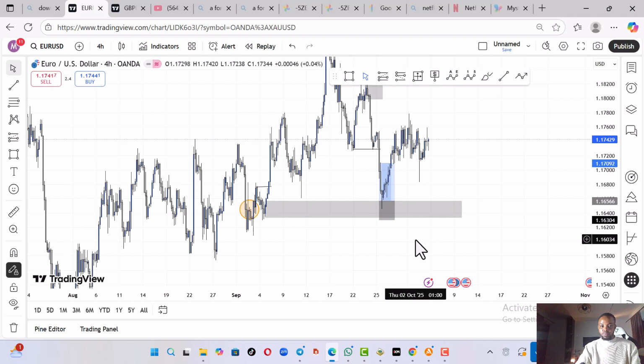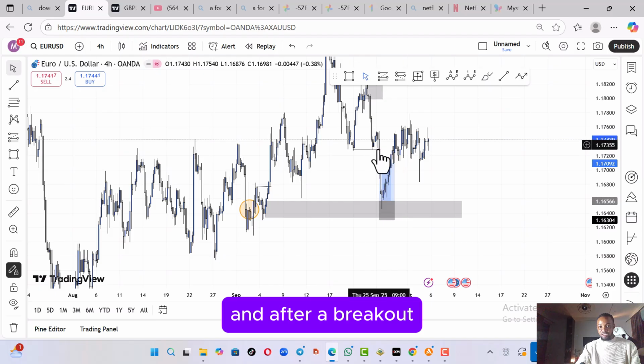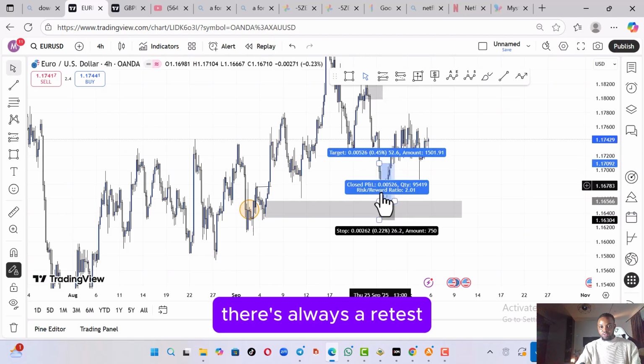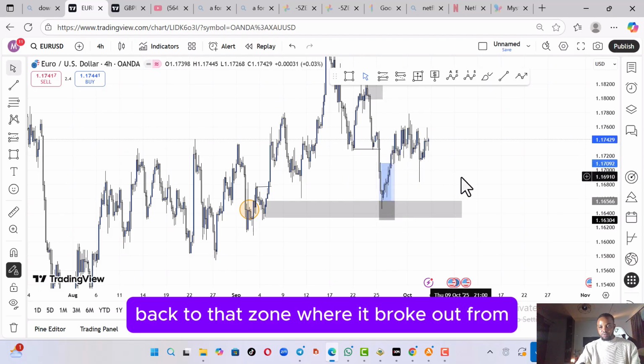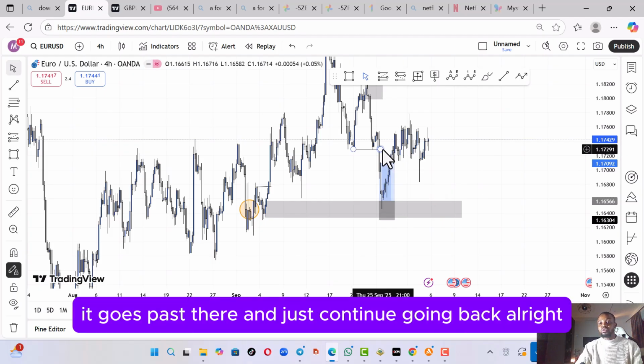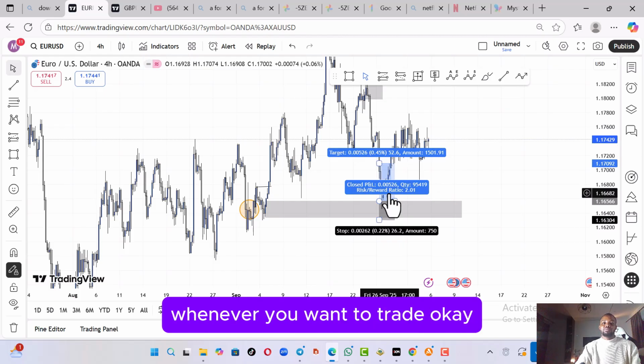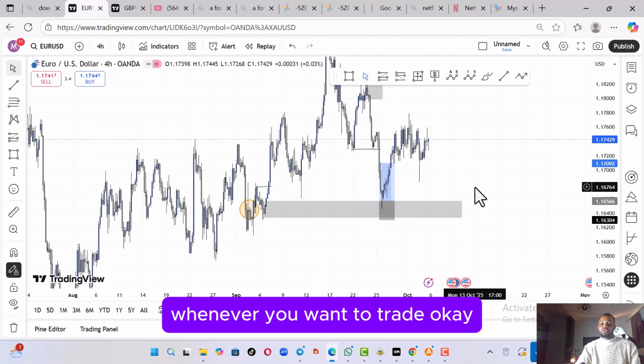And remember, this point is a breakout. After a breakout, there is always a retest back to the zone where it broke out from, and most times it goes past there and just continues. All right, so you always want to apply proper risk management whenever you want to trade.